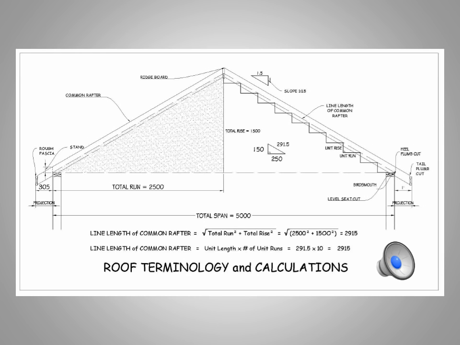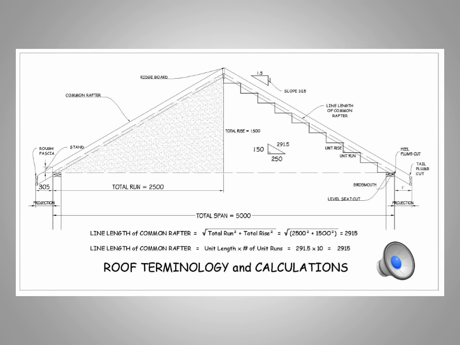If you don't, you'll get the wrong answer. So what you need to enter is the square root button, open brackets, 2,500, the x squared button, plus 1,500, squared button again, and then close your brackets before you hit the equal sign. Hit the equal sign and you get 2,915.